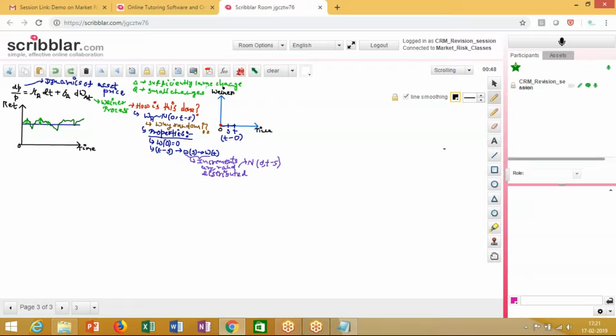Now, it means what? Let's say at time zero, the asset price is zero, right? Now, when the time moves to the next point, in the next 2 seconds, the asset price shoots up to 100, or let's say it shoots up to 5. Then it shoots up to 50, then it shoots up to 100, suddenly it shoots down to 10, suddenly it shoots up to 5. So you actually cannot find any dominant pattern in the movement of the asset prices, right?